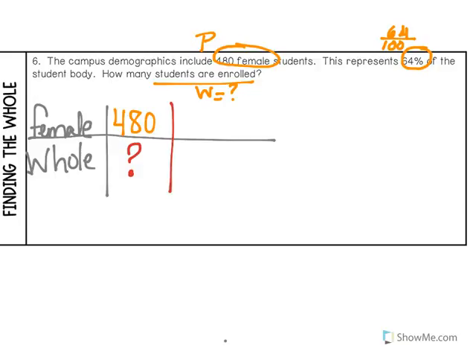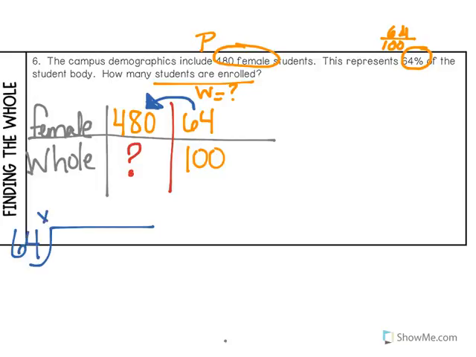But I do know that it was 64 out of 100. So now, my question mark is on the left, so I'm going to go from what I know, 64 to 480. I don't know yet, so I'm going to have to divide.